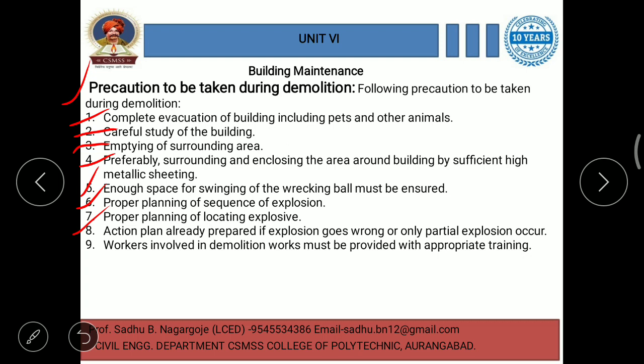Then an action plan should be already prepared if explosion goes wrong or only partial explosion occurs; in that case another plan should be ready before the demolition. Workers involved in demolition works must be provided with appropriate training.